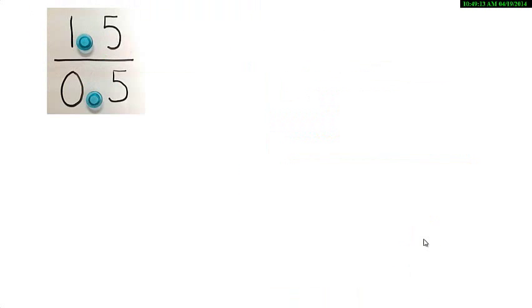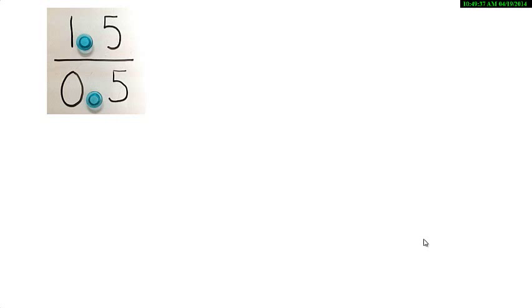Let us consider 1.5 divided by 0.5. The first rule is that you will multiply the numerator and the denominator by the same power of 10 such that the denominator is no longer a decimal. Observe the denominator closely. We know 0.5 into 10 is equal to 5.